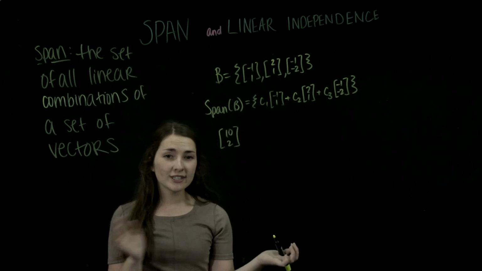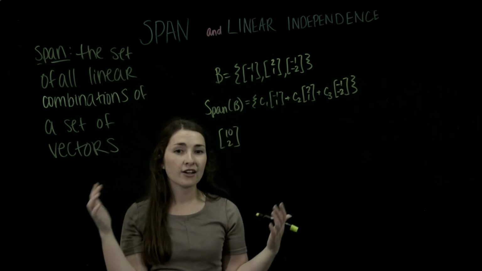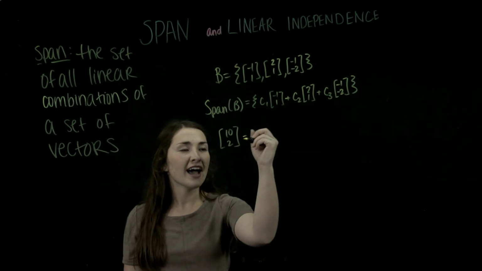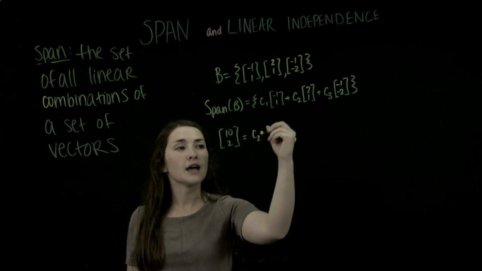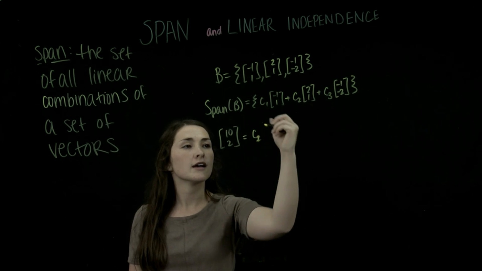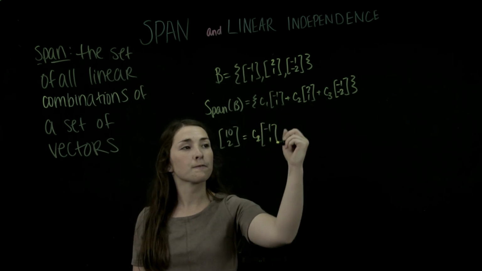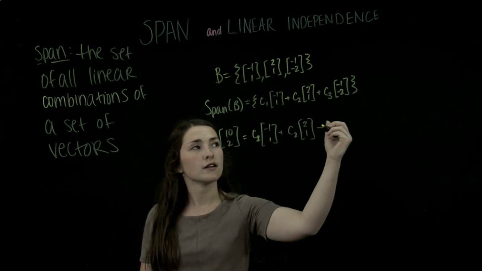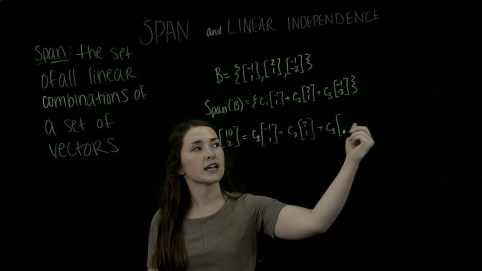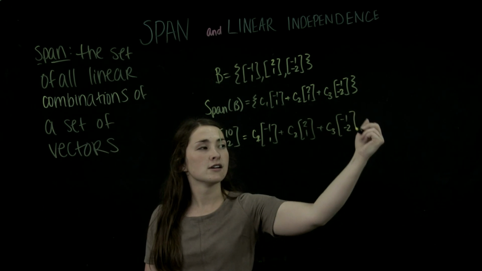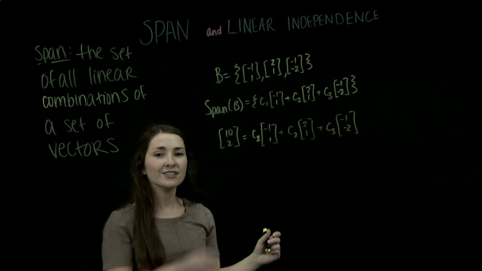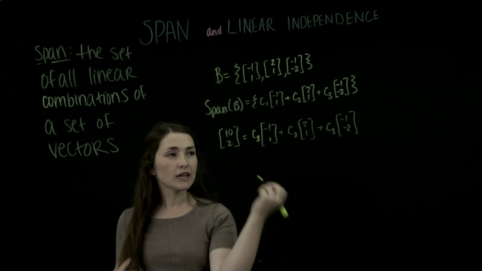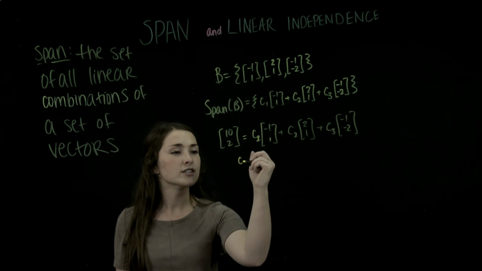So in order for (10, 2) to be in our span, it has to be equal to some constant times our first vector, plus some constant times our second vector, plus some constant times our last vector, which means that we have to be able to write (10, 2) as some linear combination of these 3 vectors. So this will give us a linear system of equations.